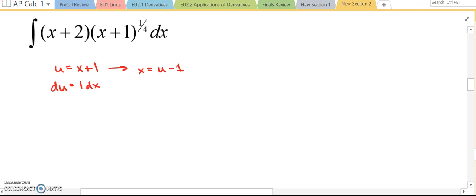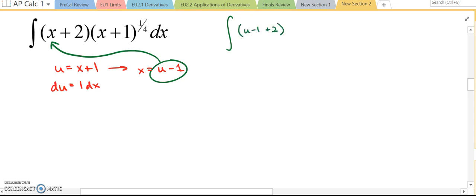Okay? So if I have all of these things working for me, I can start to do some substitution. I'm going to take this value, plug it in right there. This whole concept is taking that second parentheses place. I get something that looks something like this. U minus 1 plus 2 times u to the 1/4 du. Do some algebraic wizardry to turn it into this.